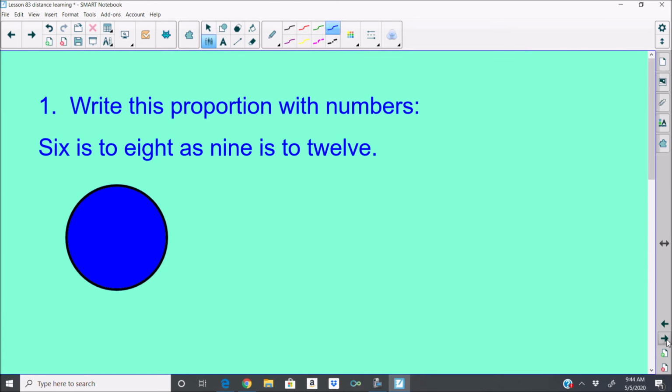We're going to go through some examples here, and what I'd like you to do is to have a piece of scratch paper and then pause the video and solve it and see if you're right, because that's the only way you're going to know if you're understanding this or not. And remember, this distance learning in particular, well, all learning, it really is what you put into it. You can brush through this, you can skip it, and you're not going to really be penalized too much for it, other than the fact that you will be penalized in the future when you don't understand this concept and math becomes so much harder for you.